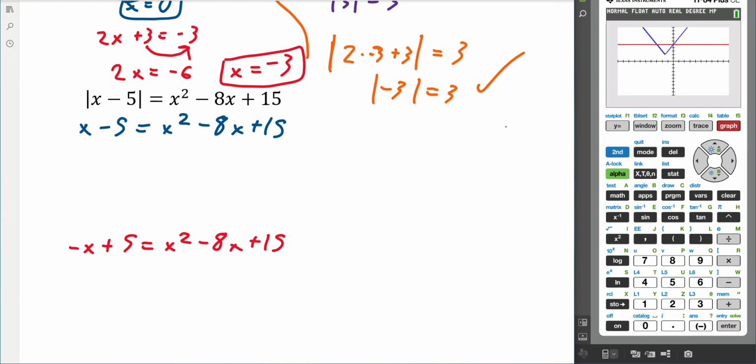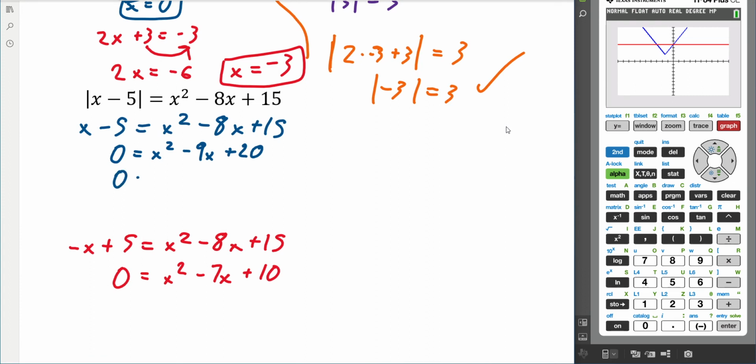Okay, so now we have our two different cases. Now, once we move all of the values over to the one side, we're going to have negative 9x plus 20, like that. And on the other one, we're going to have x squared minus 7x plus 10.